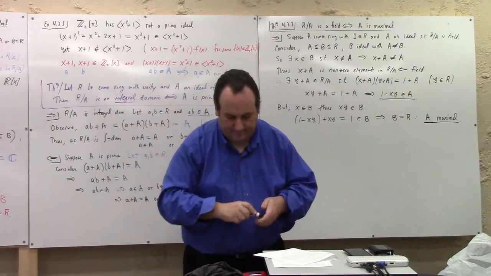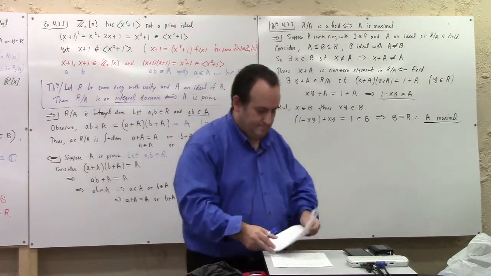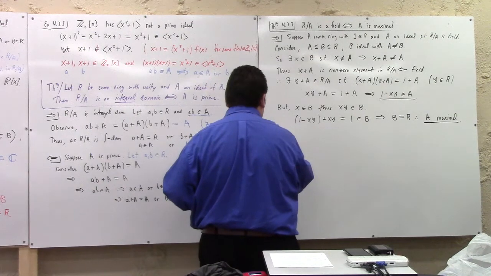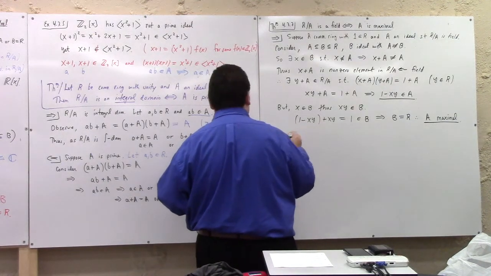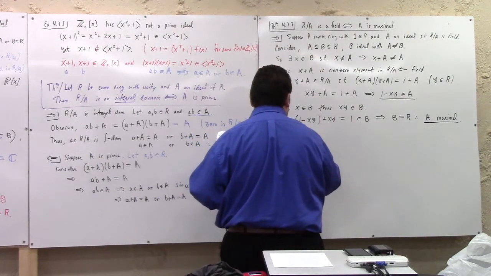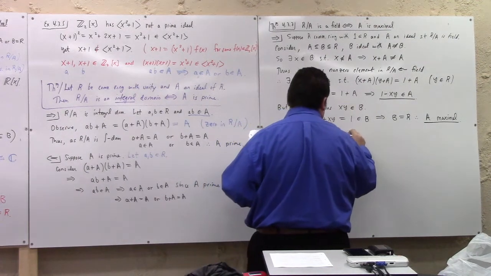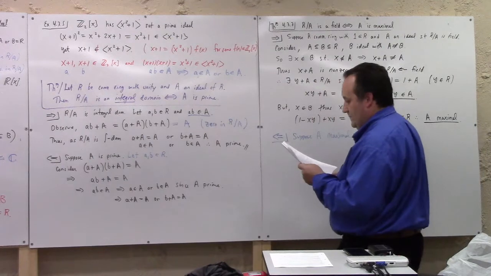Conversely, how do we do this? Suppose A is maximal, right?